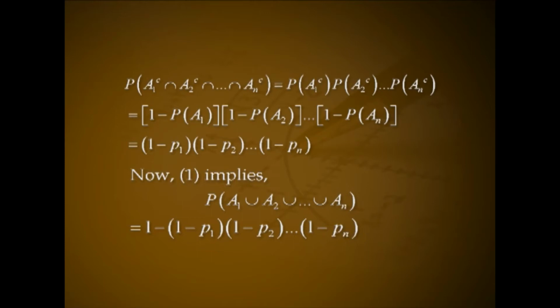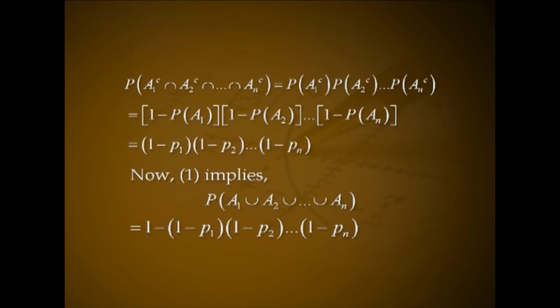This is equal to 1 minus P of A1 into 1 minus P of A2 etc. into 1 minus P of An. That is equal to 1 minus P1 into 1 minus P2 etc. into 1 minus Pn. Now, equation number 1 implies P of A1 union A2 union etc. union An equal to 1 minus of 1 minus P1 into 1 minus P2 etc. into 1 minus Pn.